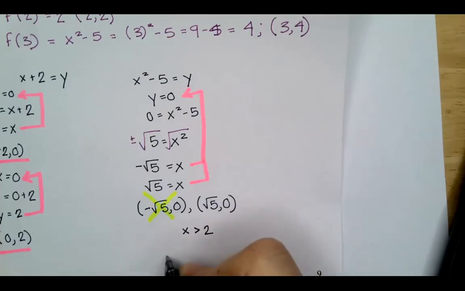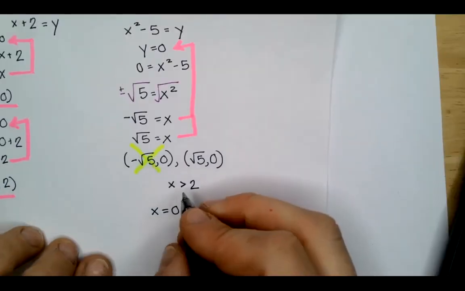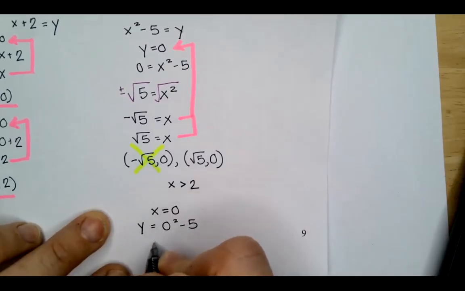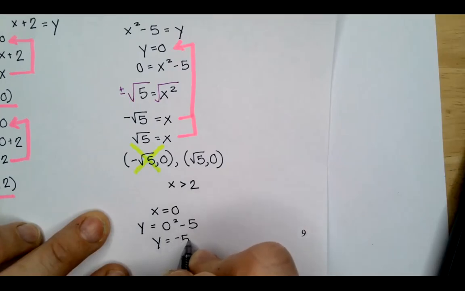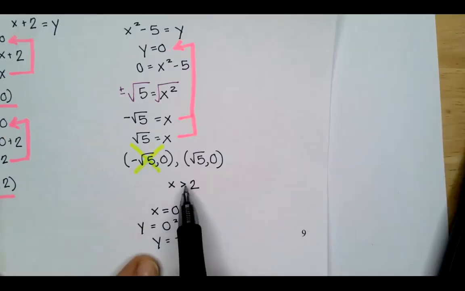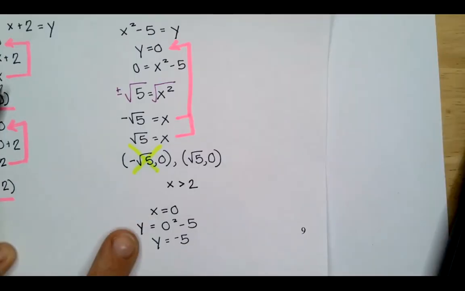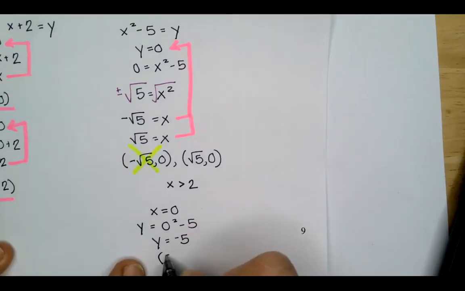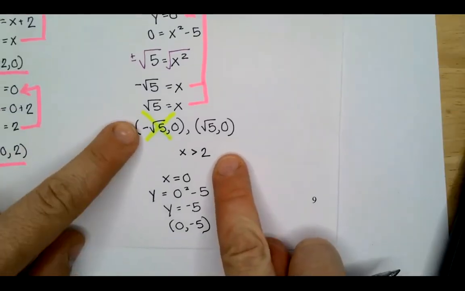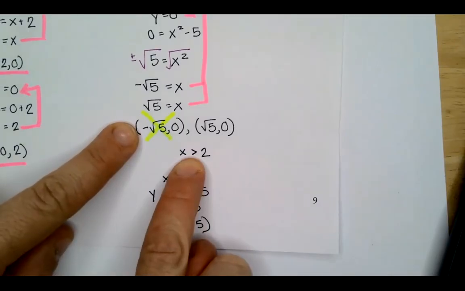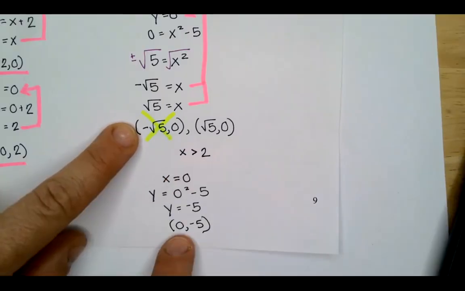And then if x is 0, let's just test it out. Y equals 0 squared minus 5. Y equals -5. So that point would be 0, -5. But just like this one, it cannot exist because x must be greater than 2.